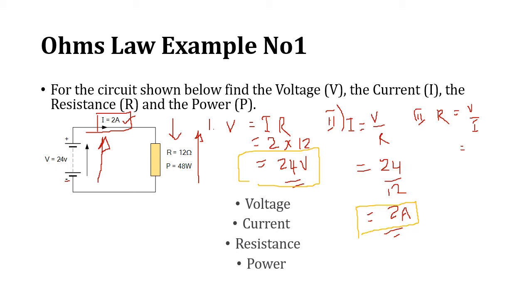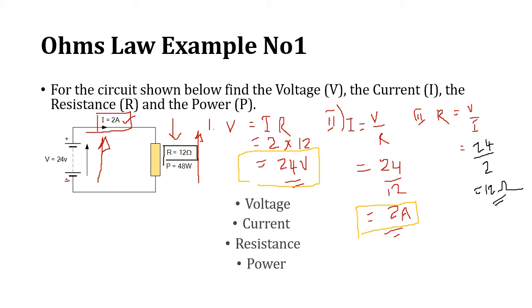So we can simply substitute this V and I, then we can find the R. Here I am substituting these values. V is 24 volts divided by I. I is 2 ampere. So that will be equal to 12 ohm. That is what they have given here.